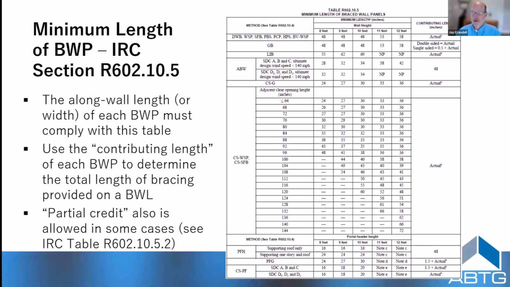Now, I won't get into it. There is a separate table that gives you partial credit because, gee, what if it's not 48, it's 36 inches? I know I'm still getting some strength out of it. So we did add some flexibility in a separate table that under certain conditions, on an 8-foot or 9-foot wall, you can skinny that down to 36 inches wide and still count some bracing, but you're not going to get the full 36 inches or 3 feet of actual contributing length.